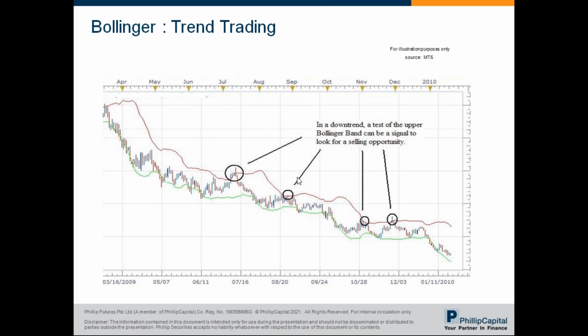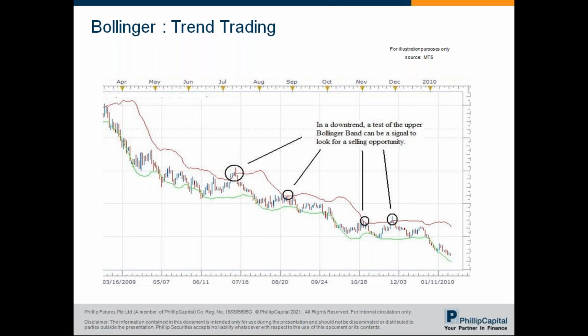Okay, this strategy is applicable for both uptrends and downtrends, but this illustration is more on a downtrend, using the upper Bollinger Band to take short positions when the market is in a downtrend. Traders can determine the profit-taking levels from, in this case, the lower band, right? Shorters will short and then try to take profit when the price touches the lower band, as a profit target.